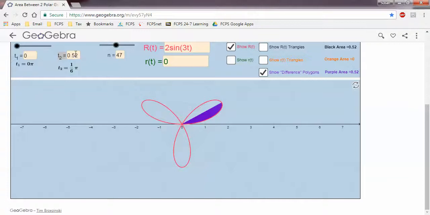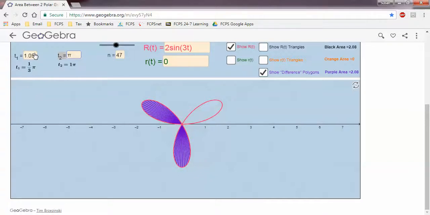Or you can go 0 to pi over 3 and that would give you a full petal, right? You could also go from pi over 3 to what? That's too much.